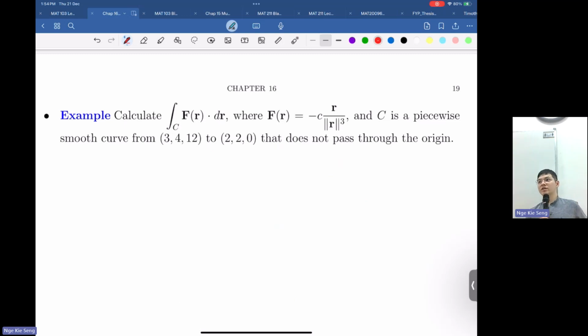Why doesn't it pass through the origin? Why is the origin important here? What happens near the origin to that function? The force.